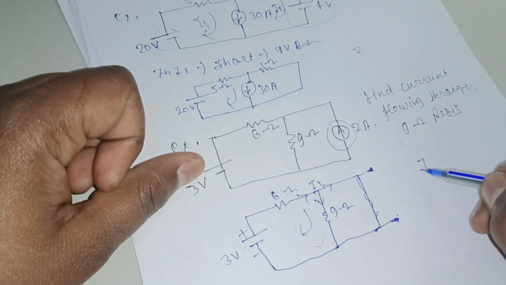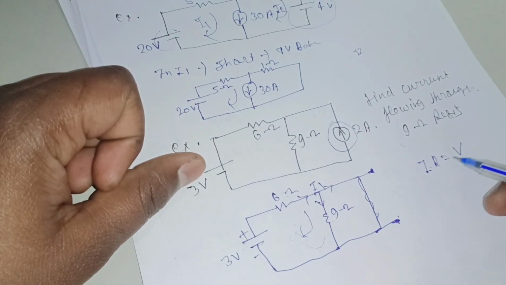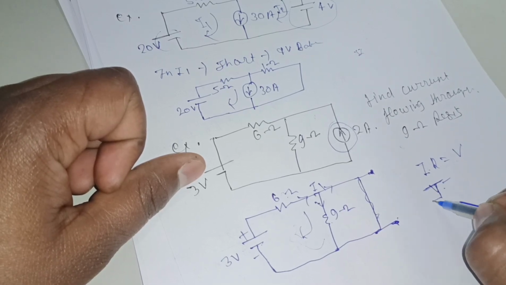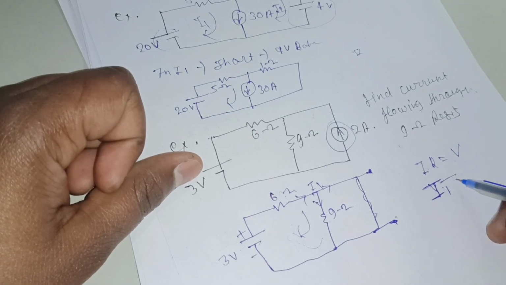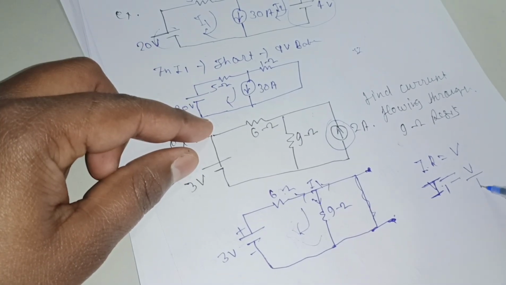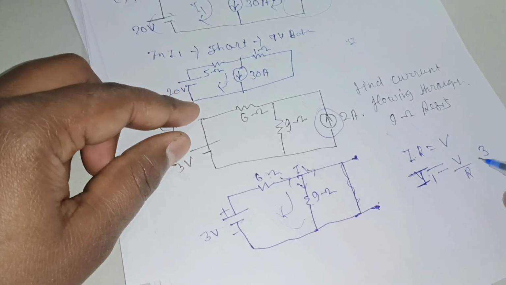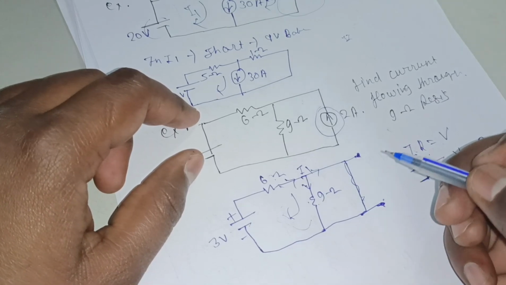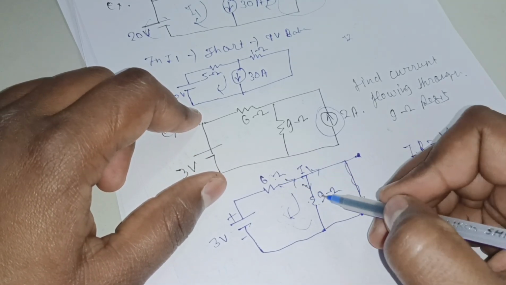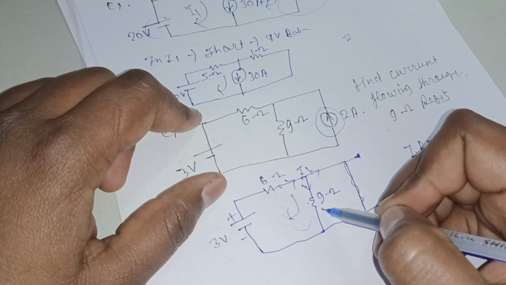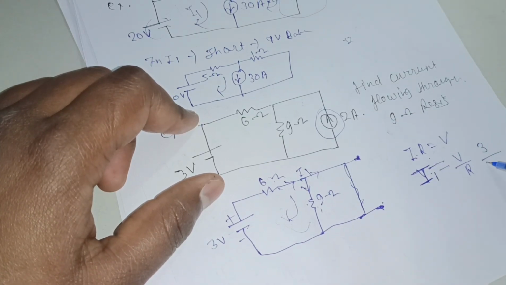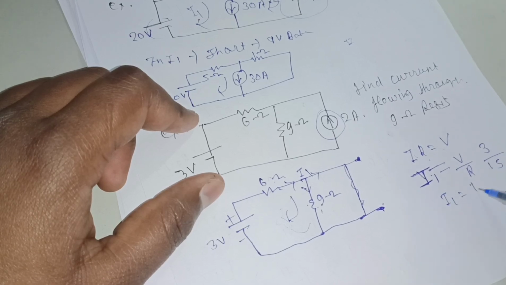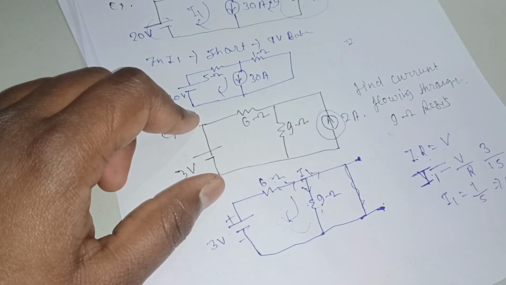So we can simply apply V is equal to IR, and we have to find I1. So I1 is equal to V upon R, and volt is 3, and the resistances, as you can see, are in series, so simply add them. It is 15. 3 upon 15, I1 is equal to 3 upon 15, means 1 upon 5, 0.2 ampere.